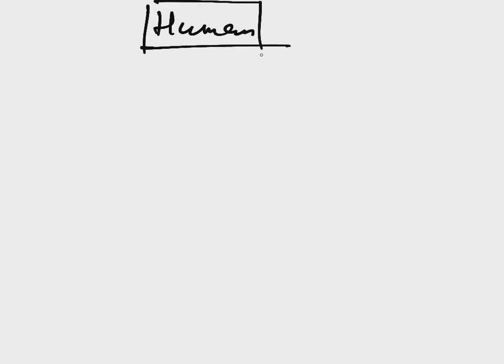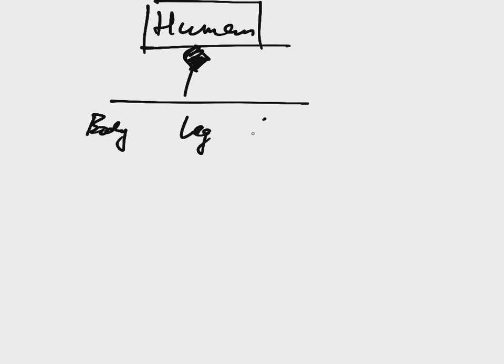So, let's say we have human, and human will be a complicated thing which will be composed of many parts like body, leg and arm, and let's say head. So this is a composite structure.